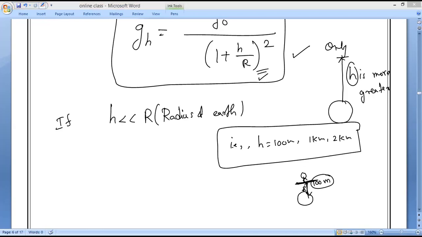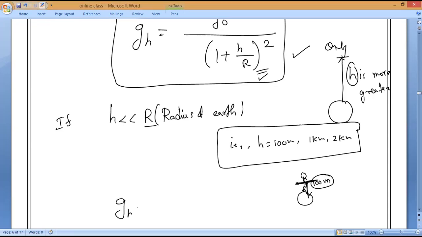Now, if H is extremely less than R, then the relation is approximated, and the relation derived is g_h is equal to g naught into (1 minus 2H by R).